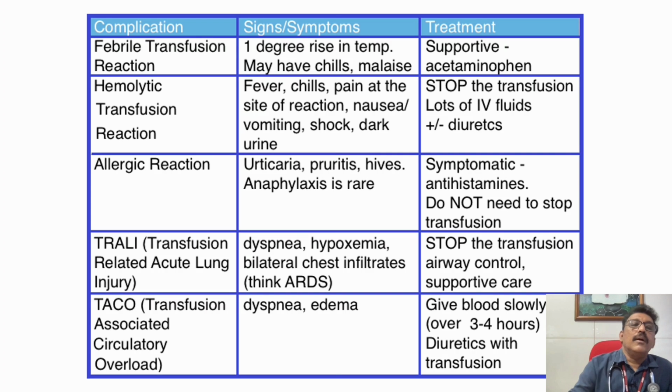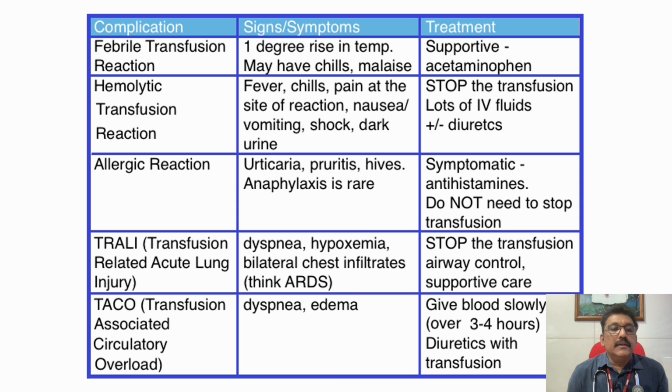So if you see the common complications after transfusion, it is febrile transfusion reaction without hemolysis and with hemolysis, that is hemolytic transfusion reaction, allergic reaction, TRALI, TACO. So these are the common reactions we come across in our clinical practice. In that we have discussed in depth about TRALI.